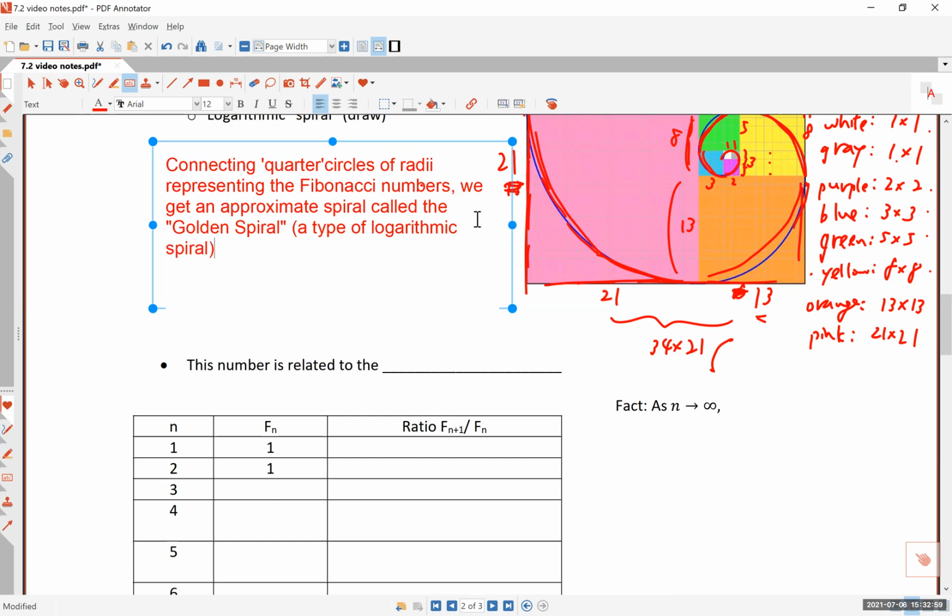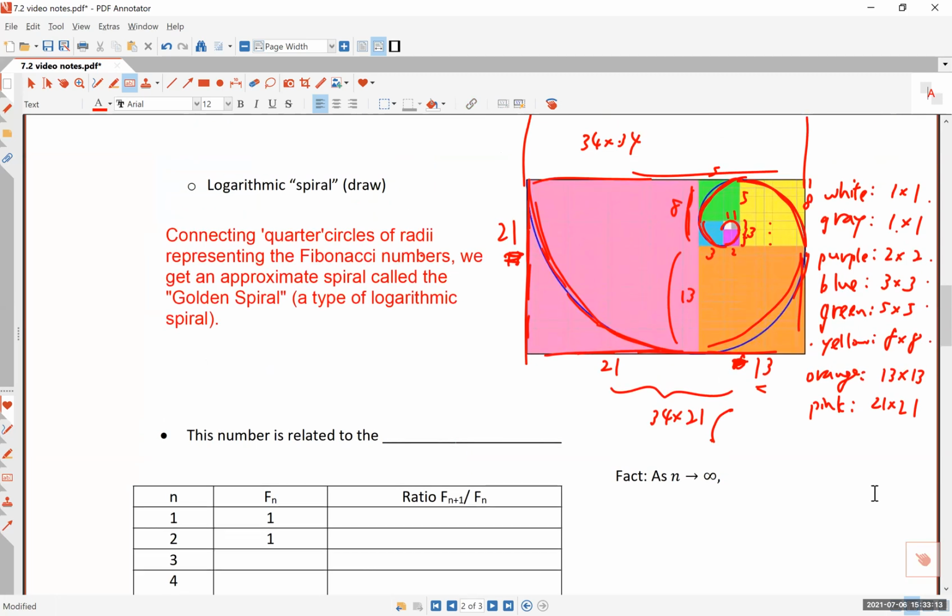I'm not going to explain what a logarithmic spiral is. Just remember, those are all spirals of this nature. And it's called the golden spiral because the rectangles become more and more like the golden rectangle.